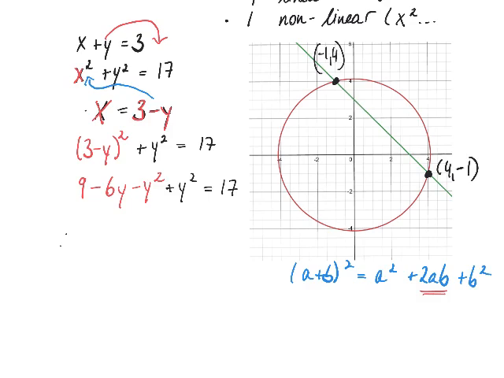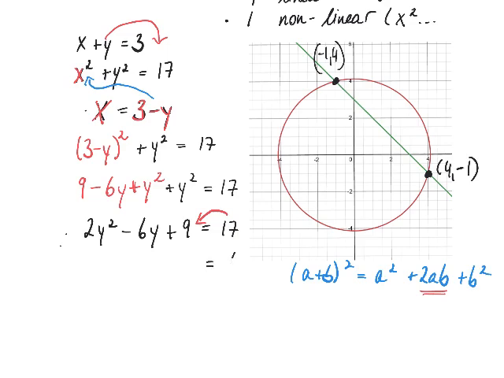Oh sorry, I made a mistake. This should be a plus. Okay, so I'm going to simplify it now and rearrange it a bit. So I have 2y squared minus 6y plus 9 equals 17. Since this is a quadratic equation, the only way I can solve it is by making one side equal to 0, which means I have to bring this 17 over and change the sign.